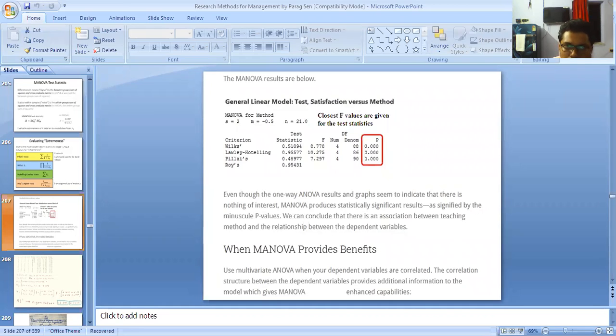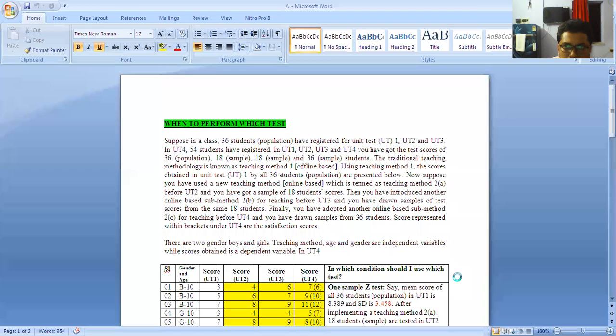I will give you one particular example, and using that example, I will show you the whole story. So that I am going to share with all of you. Hopefully you are able to see this.